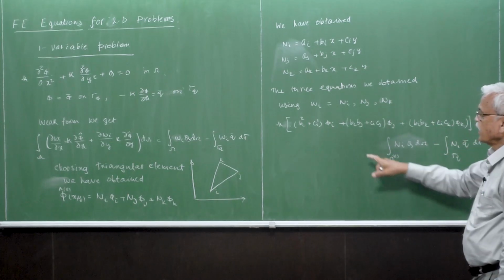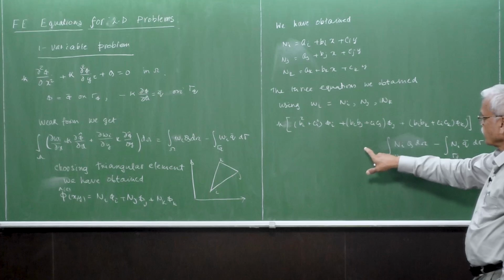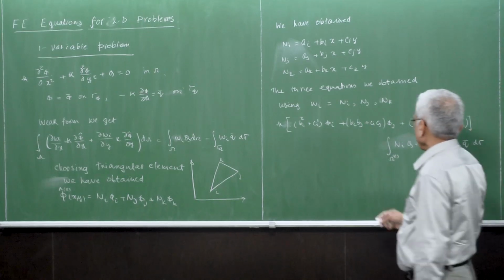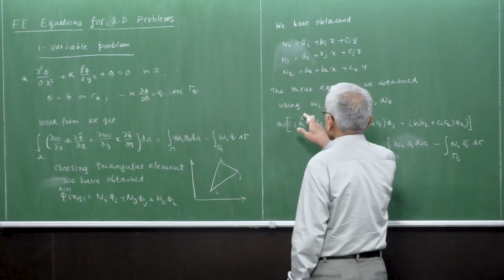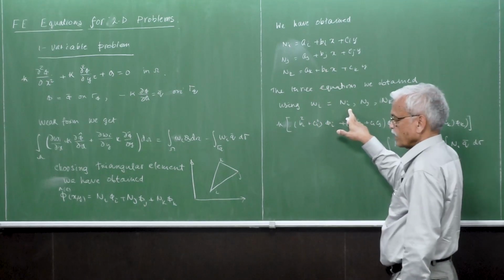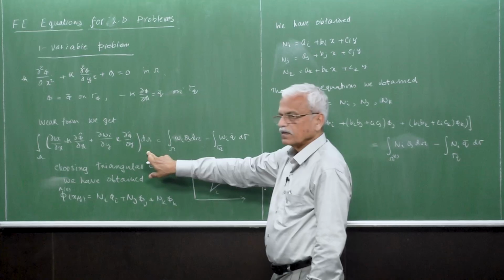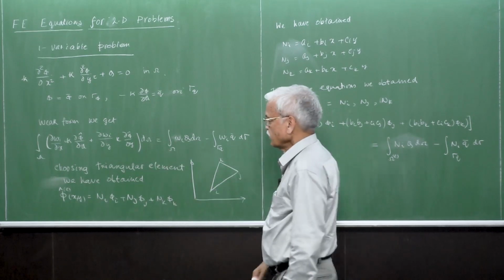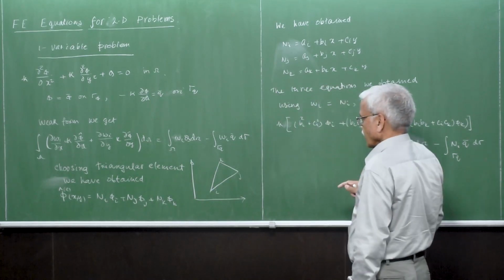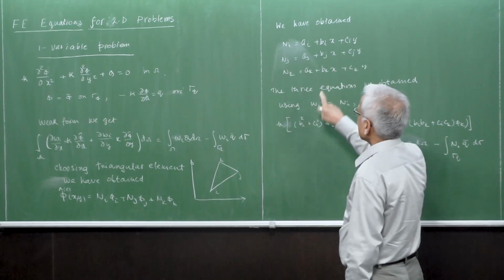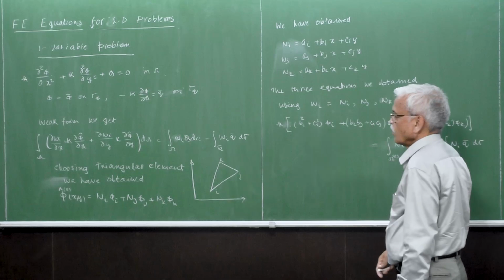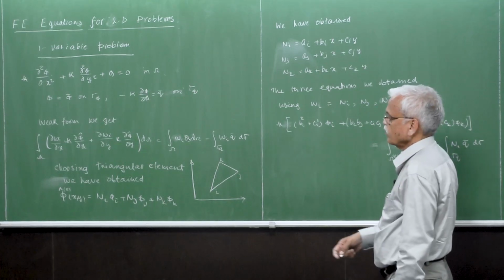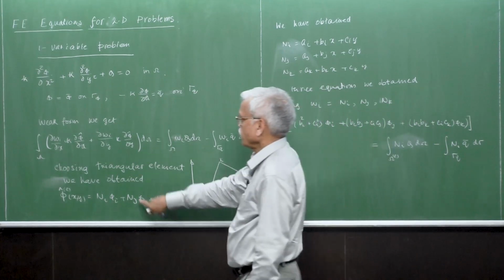Just to recall the first equation: if you put Wi equal to Ni, for example, in this equation, then when you take the derivative, phi hat itself you substitute into this.